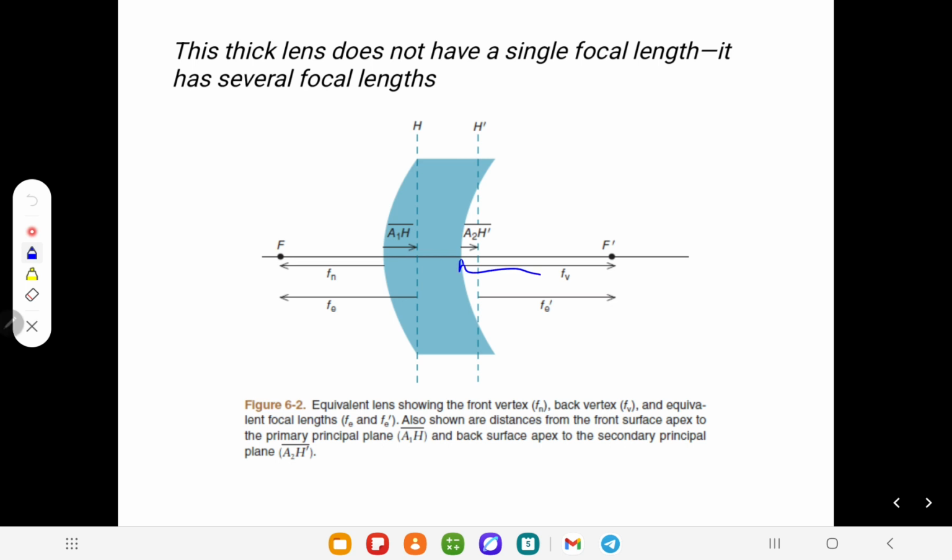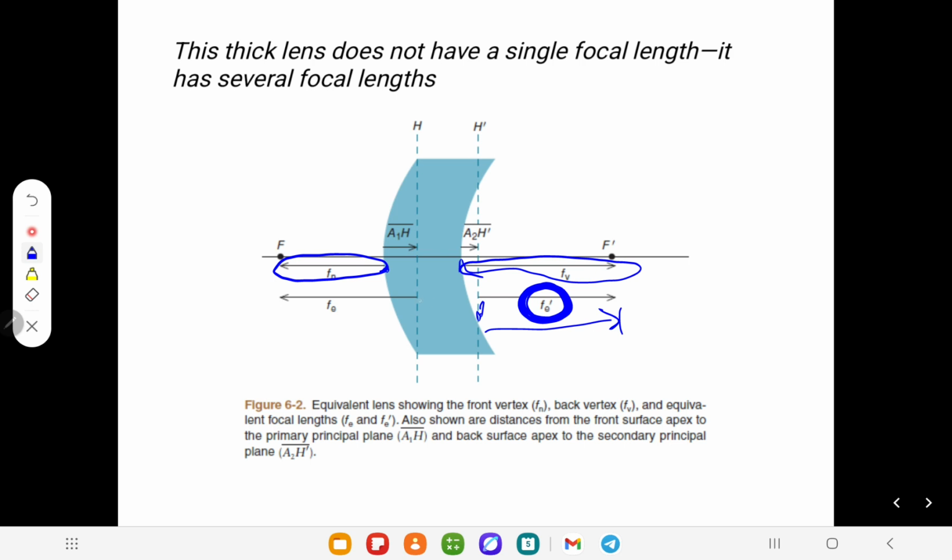In this picture, this is the back vertex power. From this vertex to the front focal point is the front vertex power. But equivalent power is always taken, as we discussed in the cardinal points, from the principal plane. From the secondary principal plane to the secondary focal point is the equivalent secondary focal length.